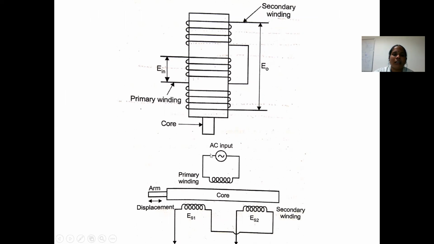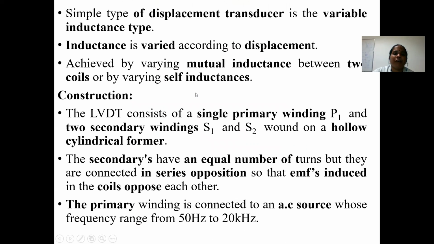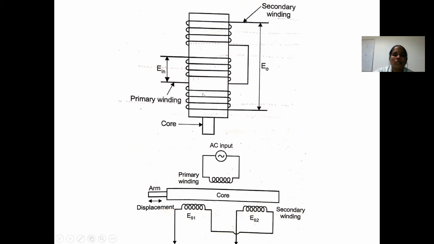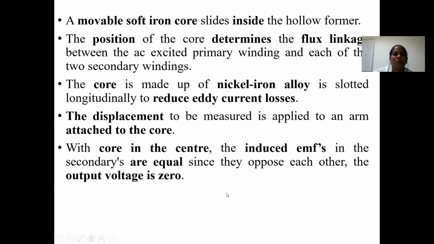The movement can be angular or linear; this is for angular movement and this is your linear movement. Based on the core displacement, the EMF induced will change and the displacement can be measured.